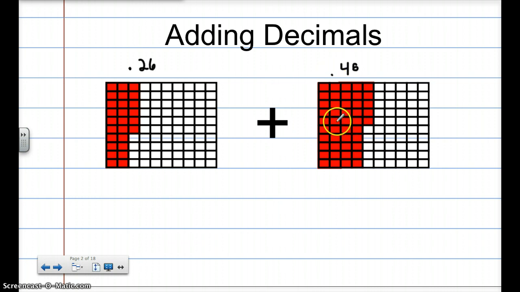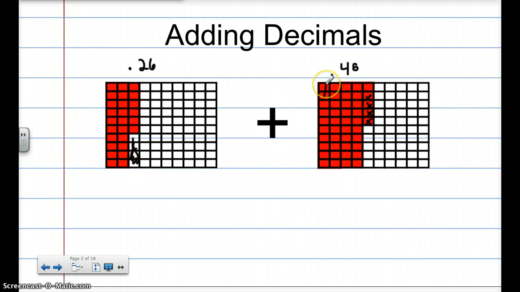Okay? So what I can do is I can take from this one and add it over here. So to fill this in, I can add in 4, and then I can take 4 off of here. 1, 2, 3, 4. And then I'm going to leave this 1 until the very end because I've made another tenth.